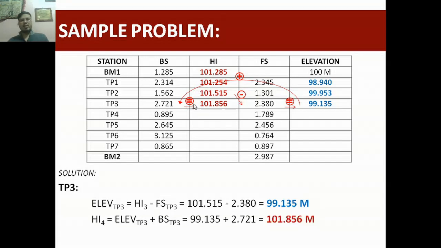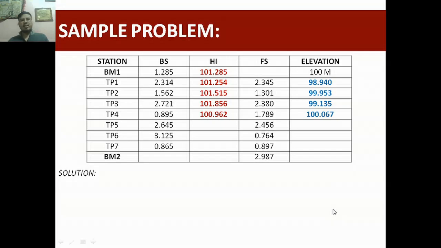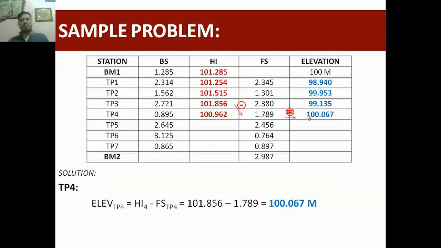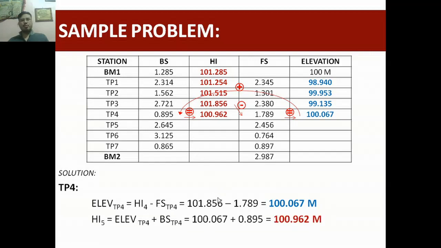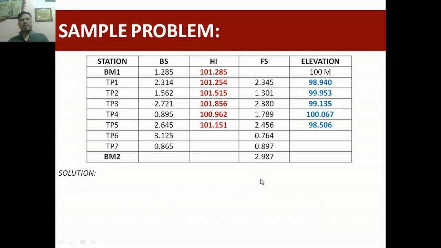That will give us the height of instrument 4, which is 101.856. Next, from this 101.856, you go down again, minus the foresight of turning point 4 equals this. So that is our computation. And then you jump here again, so you can compute its height of instrument. Okay? It is just a pattern.